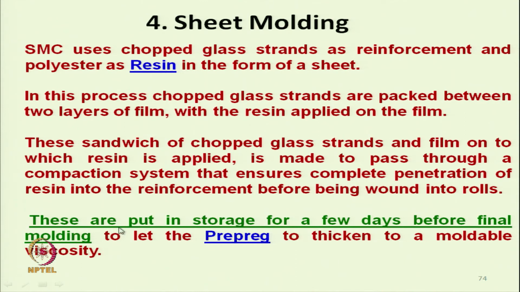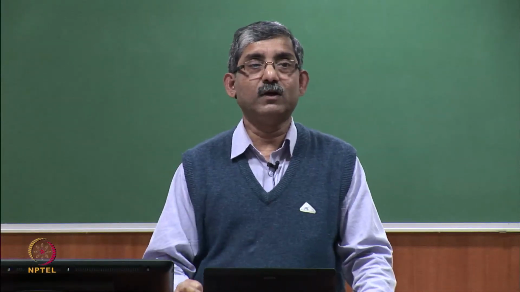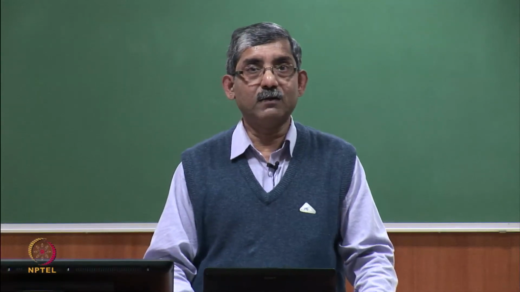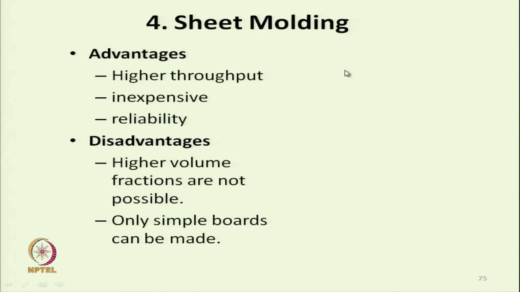So, these are put on storage for a few days before final molding, and the prepreg will gradually thicken, because with time the viscosity of the resin will increase and then gradually it will solidify. The film's function is to separate two layers, so when we form a roll they will not stick to each other.